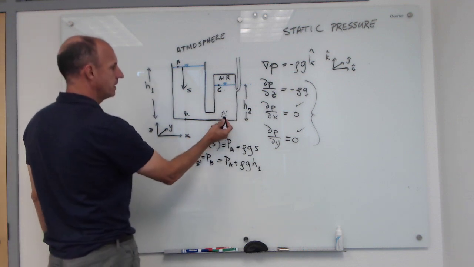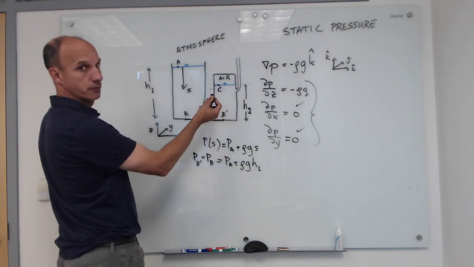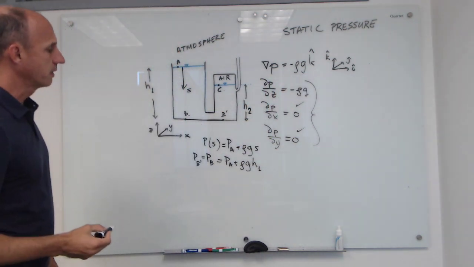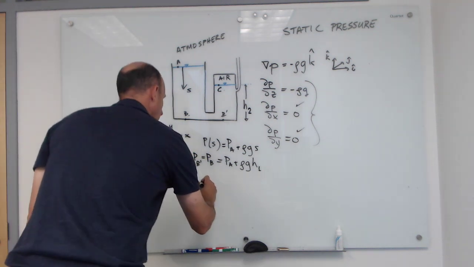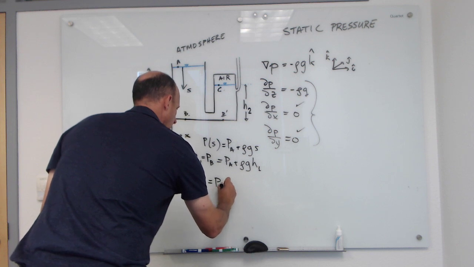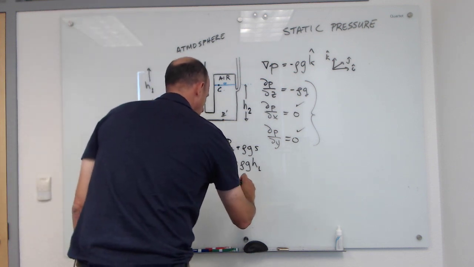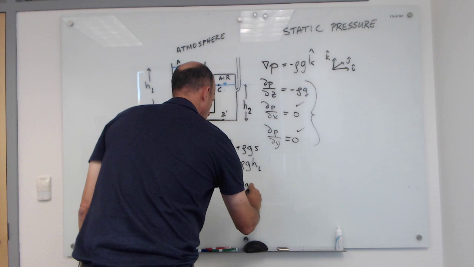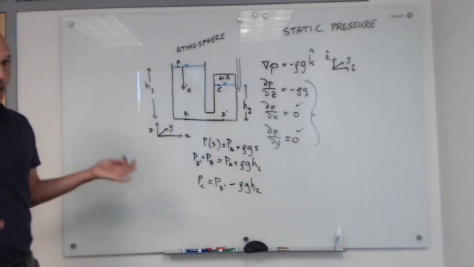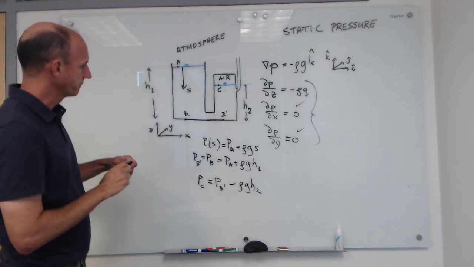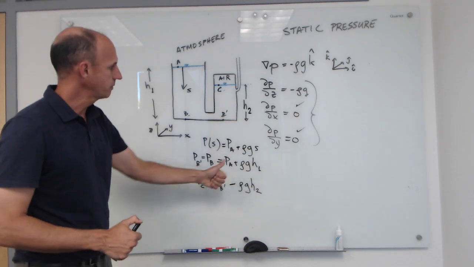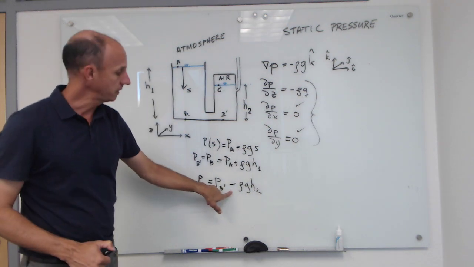Now as we go in this direction, we're going to reduce our pressure in proportion to distance according to that equation. So the pressure at C is going to be the pressure at B prime minus rho times g times h2. We see a pattern here: as we go downwards, our pressures increase, and as we go upwards, our pressures decrease.